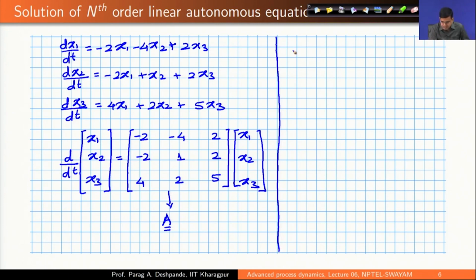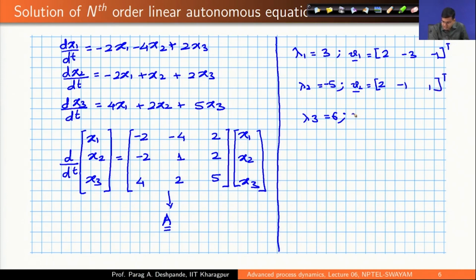So, the eigenvalues are lambda 1 = 3, lambda 2 = -5, and lambda 3 = 6, and the corresponding eigenvectors are V1 = [2 -3 -1] transpose, V2 = [2 -1 1] transpose, and V3 = [1 6 16] transpose.